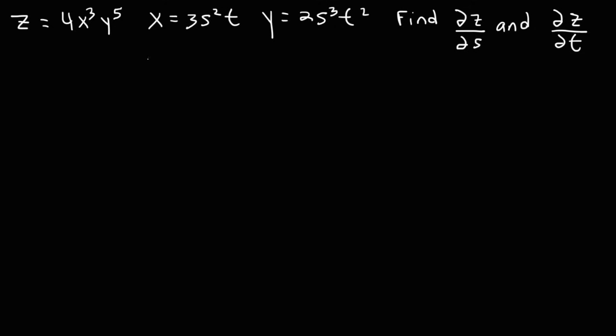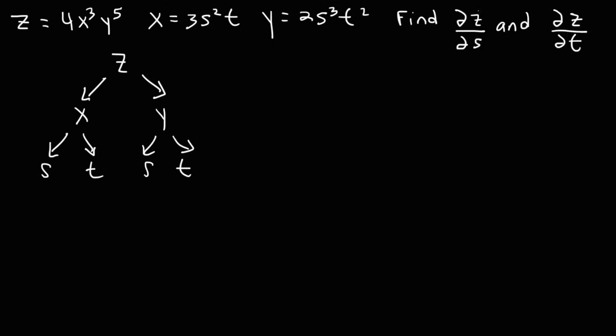So we need a new tree diagram. So starting with z, we see that z is a function of x and y, and x is a function of s and t, and the same is true for y.